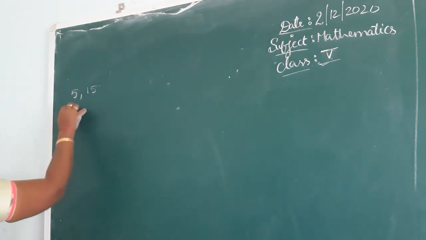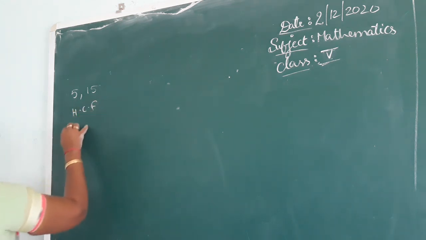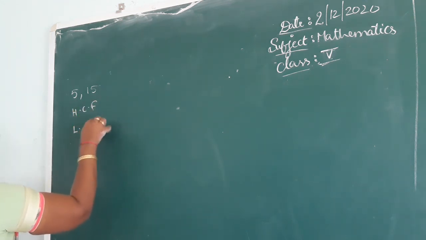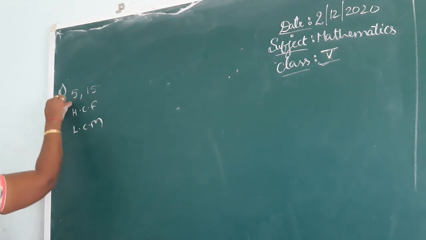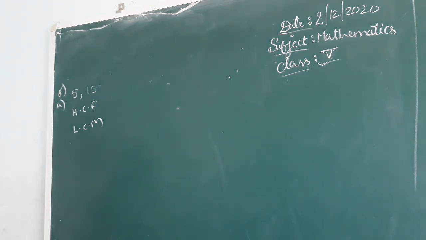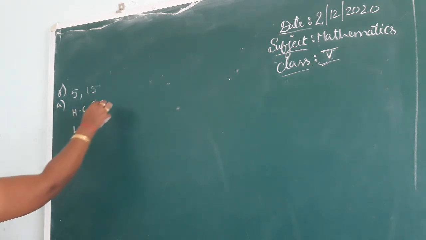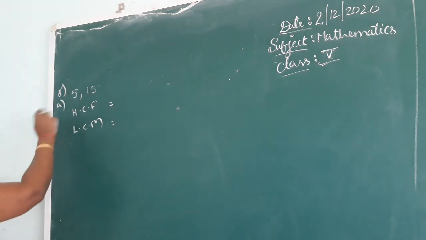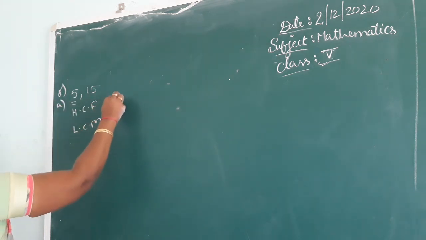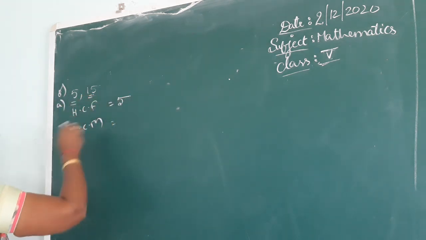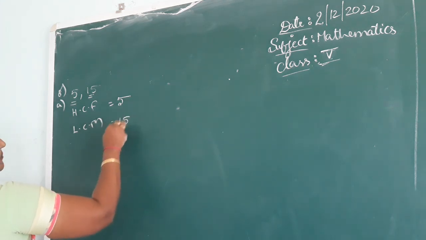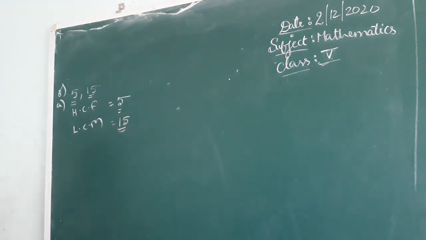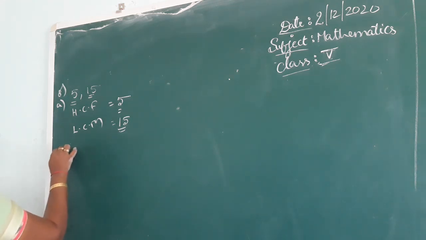They have given two numbers and they are asking its HCF and LCM. 5 is the highest common factor, and 15 is the multiple of 5, so 15 is the LCM. You can write HCF is 5, LCM is 15.